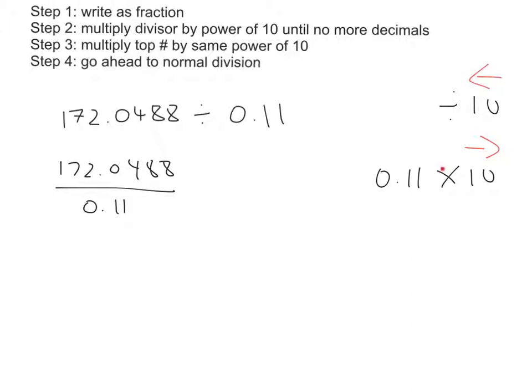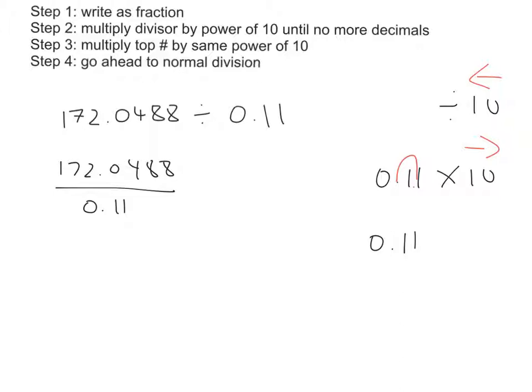But multiplication, we jump right. So we have 1 0 here, so that means that we're going to jump once and we stop here, but this doesn't help us because it's still a decimal, so we need to try a better number than 10. And to give you an idea, all you basically have to do is count the number of decimals. We have 2 decimals in here, so that means that we need 2 zeros when we multiply.